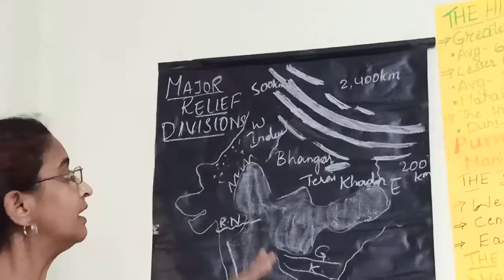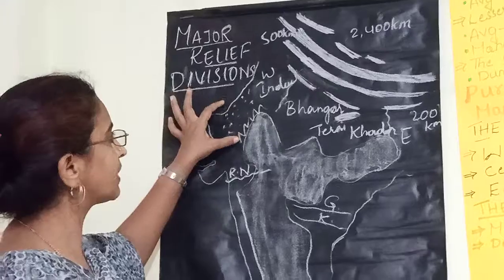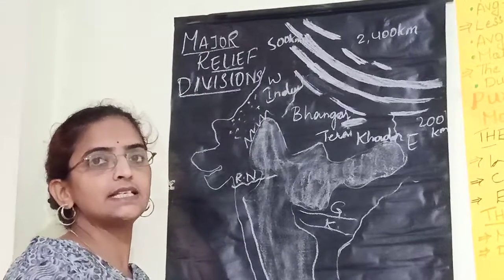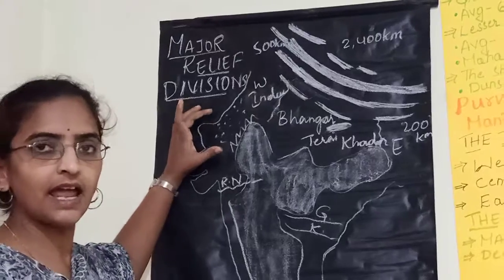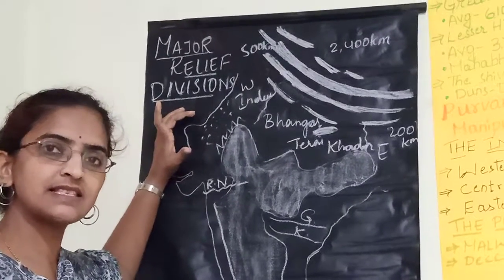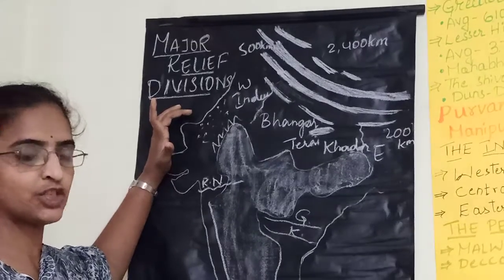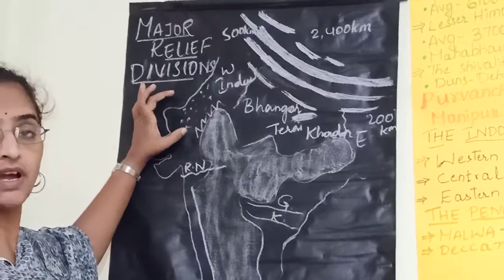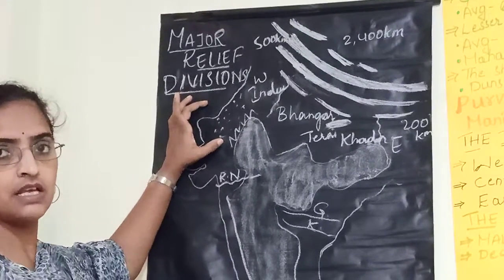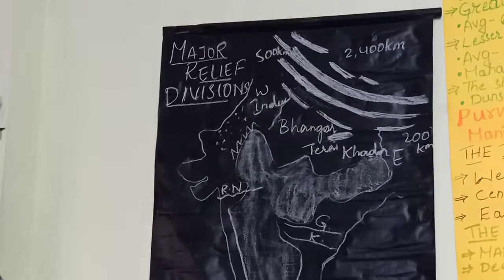That is the reason the land on the other side has been converted into desert. This is all about Rajasthan, which is filled with sand dunes called barchans. The important river we find in Rajasthan is the Luni river.